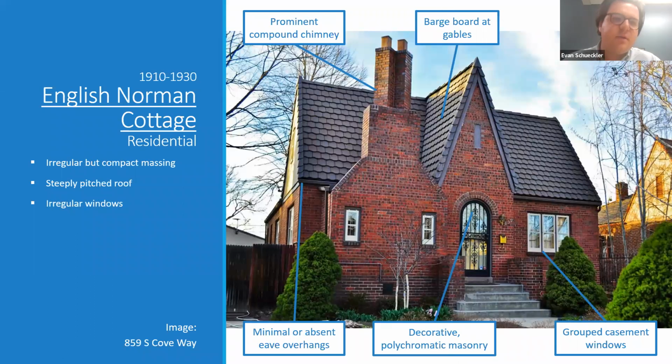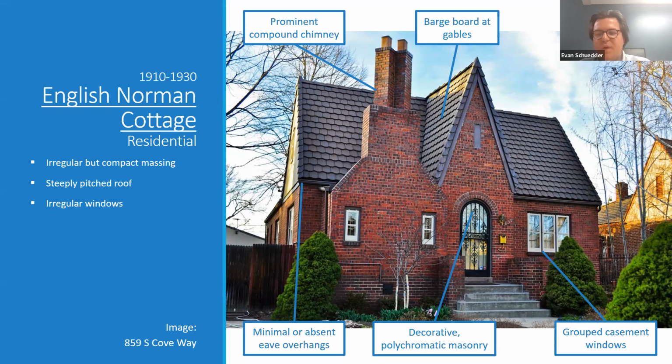Again, this is a pretty grand example of the Tudor revival, and the more modest cousin of the Tudor revival is what's called here the English Norman cottage, which you can see all over Denver, which has a lot of the same features, but has more of an emphasis on masonry construction. As you can see here, this one doesn't have any half timbering, though you will sometimes see some with that. One of the key features is that the chimney is made extremely prominent, often at the front of the house. You have that compound chimney with the shifted shapes of the flues towards the top, and an extremely steeply pitched roof.